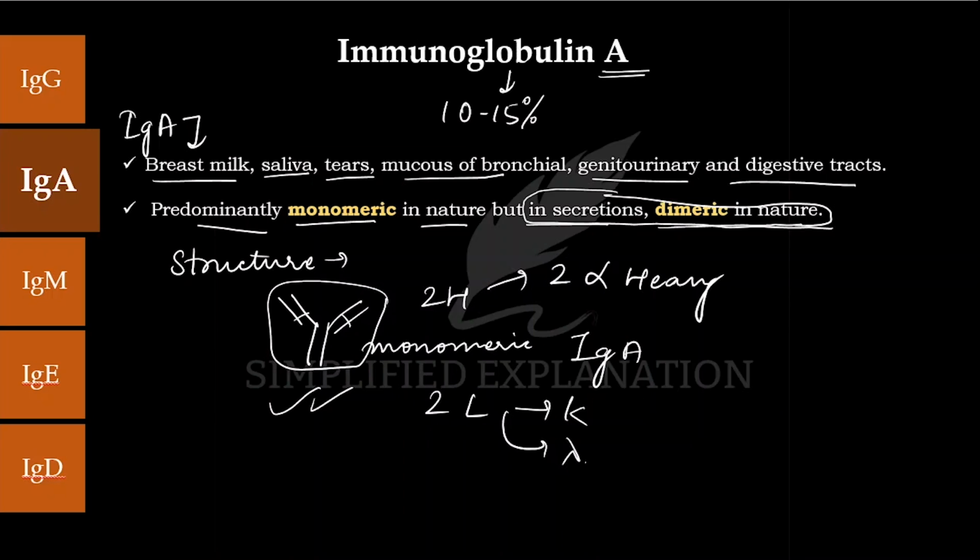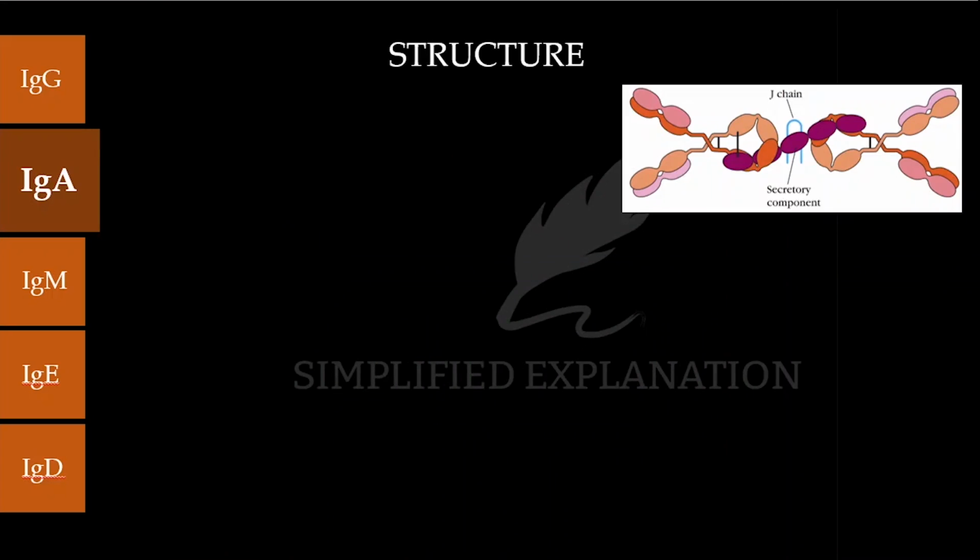Moving to another structure of the IgA antibody, that is the dimeric structure of IgA, that is secretory IgA. Secretory IgA is dimeric in structure.